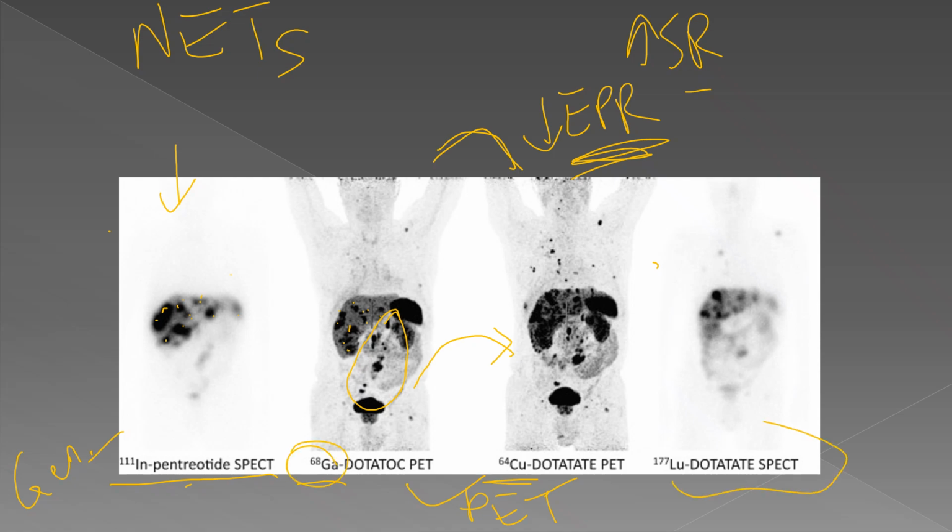And then the lutetium DOTA-TATE SPECT. Lutetium DOTA-TATE is also known as Lutathera. That's a treatment for neuroendocrine tumors. And because it gives off a small amount of gamma and some Compton scattering, we can actually image SPECT with it and get those low energy photons.